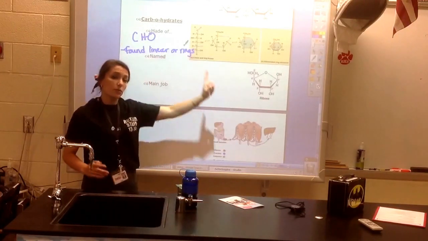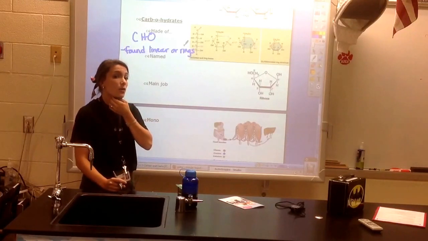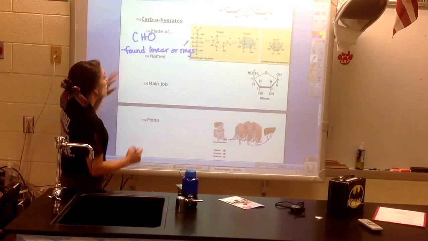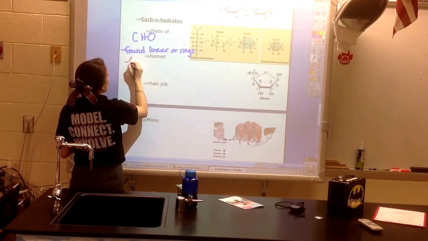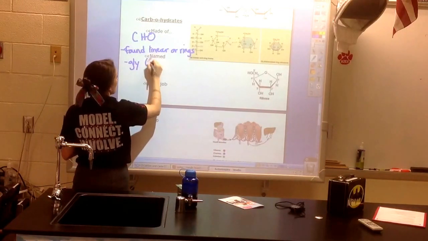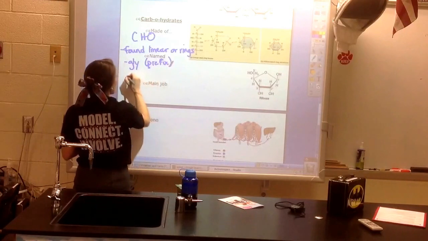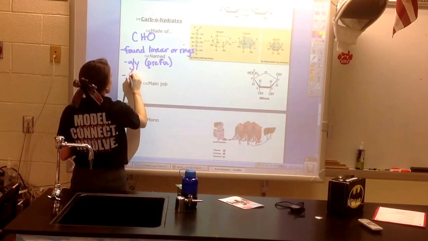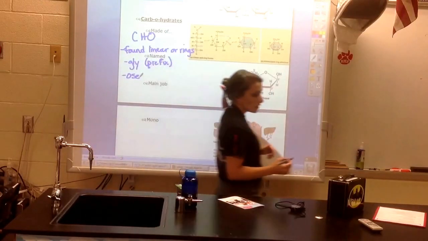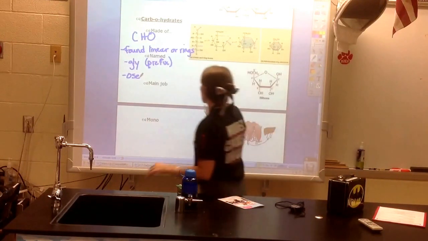Now, if you take organic chemistry, you'll learn how to name organic compounds, but we're going to focus on just one prefix and one suffix, one beginning of a word and one end of a word, that will help us recognize if we're talking about a carbohydrate. Carbohydrates can begin with the prefix gly, or they can end with the suffix -ose.